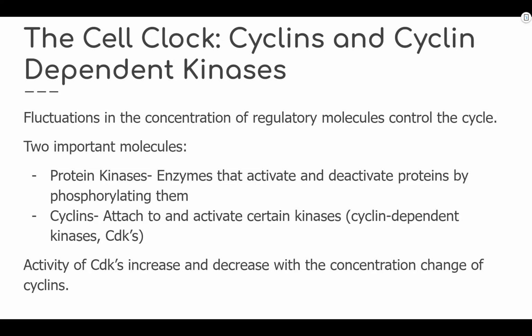Cyclins are a special protein that will activate certain kinases, specifically cyclin-dependent kinases, or CDKs. So we've got our cyclin-dependent protein kinases, and we have our cyclins, which are our little activation molecules.